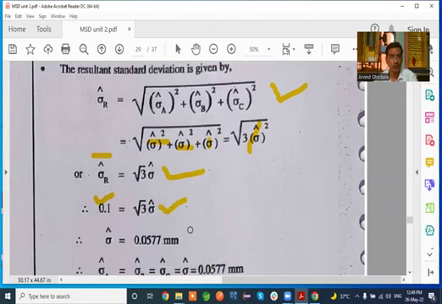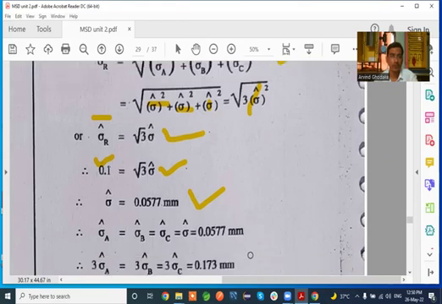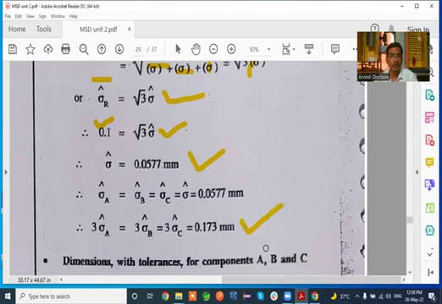Therefore, sigma cap is equal to 0.0577 mm. So sigma A is equal to sigma B is equal to sigma C is equal to sigma cap is equal to 0.0577. Therefore, the tolerances for the component A, B and C are 3 times sigma cap A is equal to 3 times sigma cap B is equal to 3 times sigma cap C, which is equal to 0.173 mm.